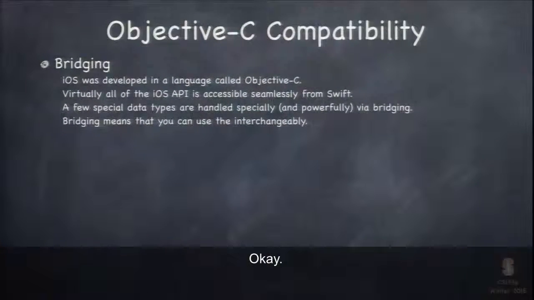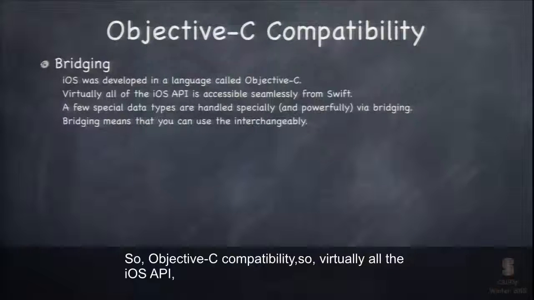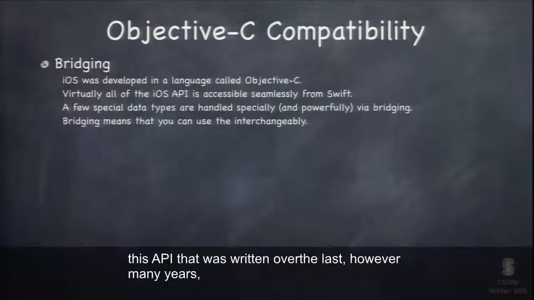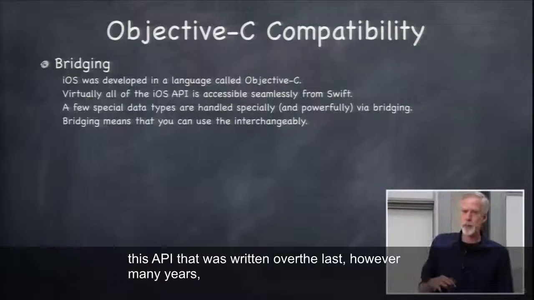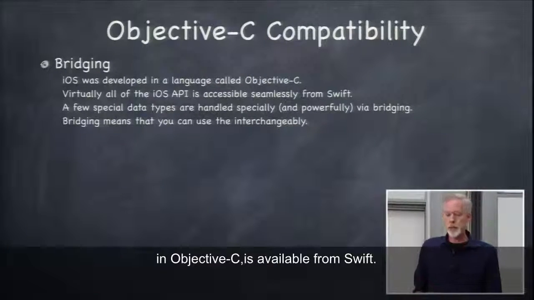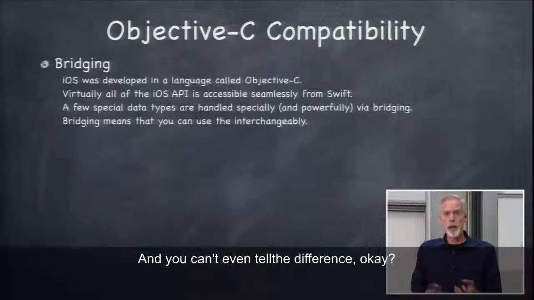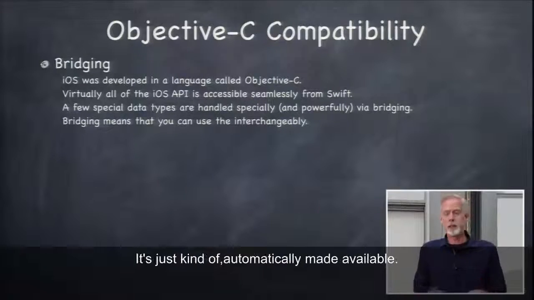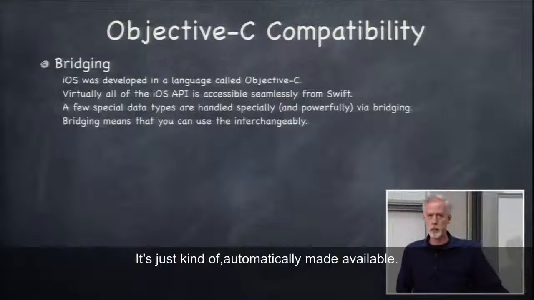Okay, so Objective-C compatibility. Virtually all the iOS API, this API that was written over the last however many years in Objective-C, is available from Swift, and you can't even tell the difference. Okay, it's just kind of automatically made available.